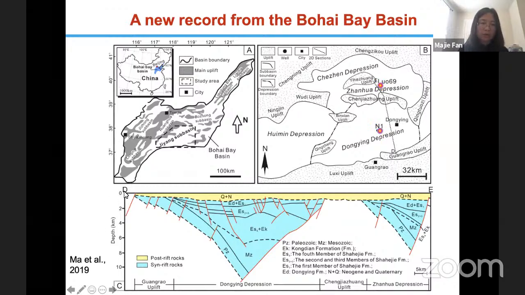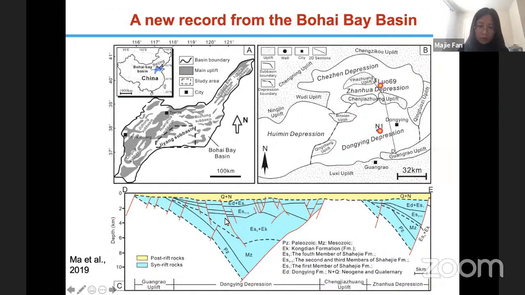The left side is the south of the basin, and the east side is the north of the sub-basin. So we see that the Cenozoic sedimentation is basically bounded by these major normal faults. Same as here for this depression to the north.